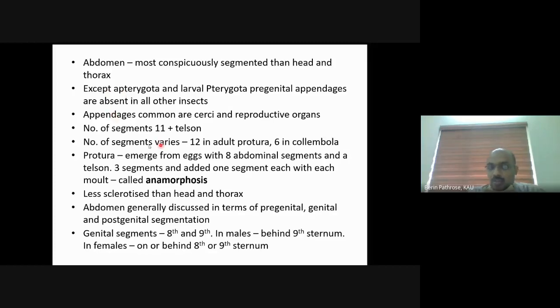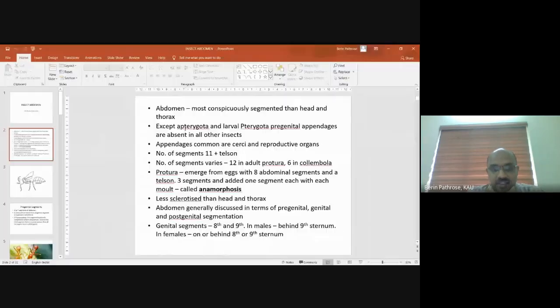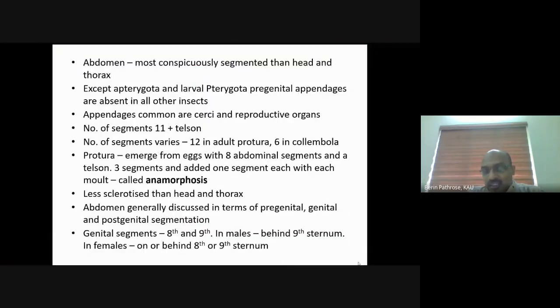We have seen the number of segments is 11, and in Protura we have 12 segments, that is 11 plus 1. There is a slight difference in the development of the abdomen in Protura.